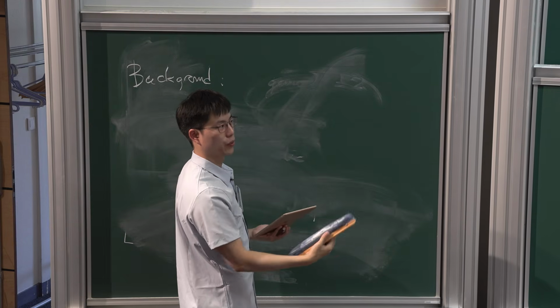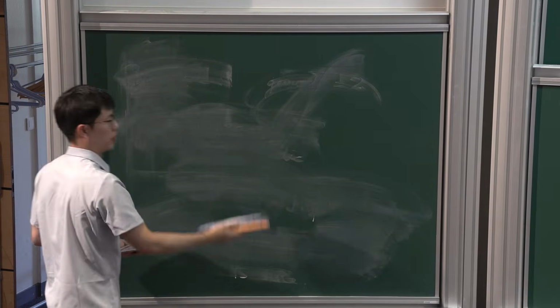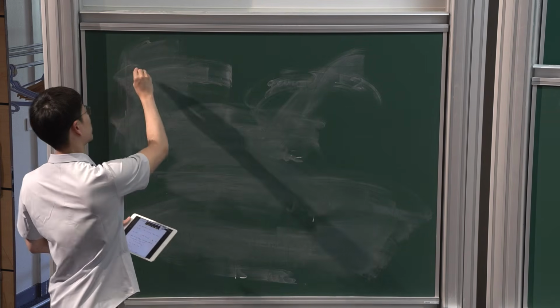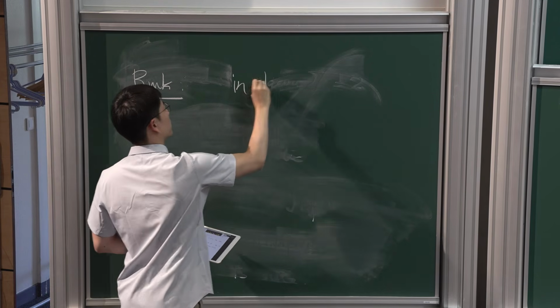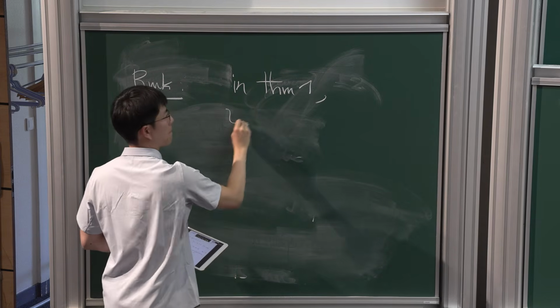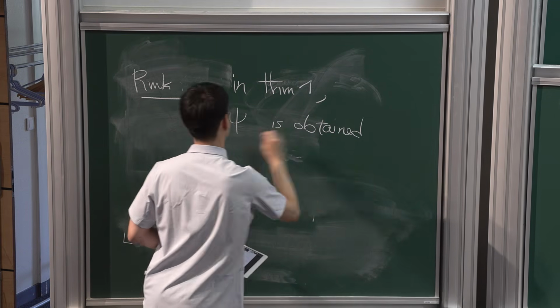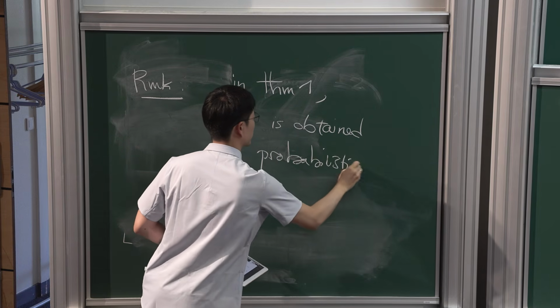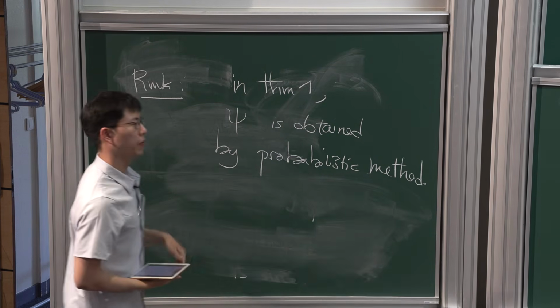I can only tell you that with high probability, there's a way to obtain them, so they exist. But it's absolutely not clear geometrically how you would construct them in an explicit or even semi-explicit way. They're really obtained by the probabilistic method.